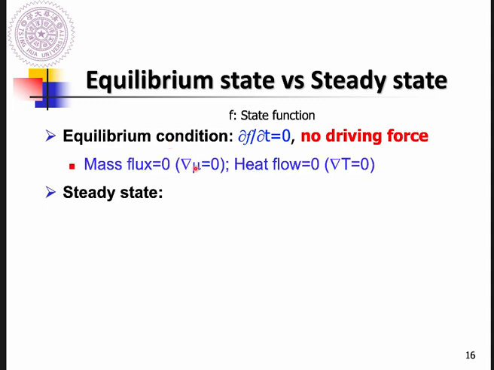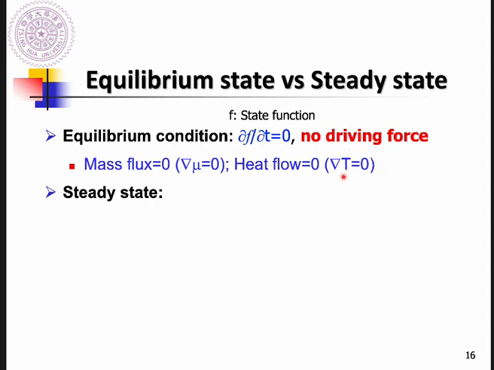For example, there's no chemical potential gradient, which means that there's no chemical potential difference inside these systems. With no driving force, there will be no mass flux, no mass transport. So this is the equilibrium condition.